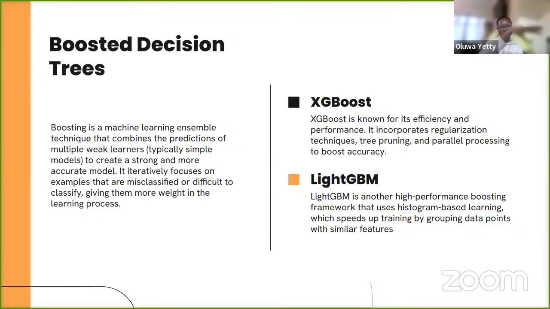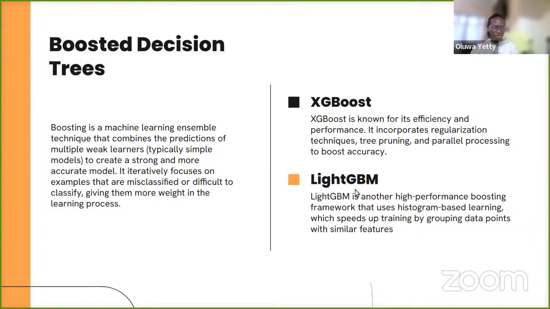The algorithm has been built to still do it in a parallel way and still pass the information from one tree to the other, like learning from your senior: this is the mistake it has made, I want to correct you so that you don't make that mistake. So it still does parallel processing, but I still want you to have it at the back of your mind that boosting is done sequentially and not in parallel.